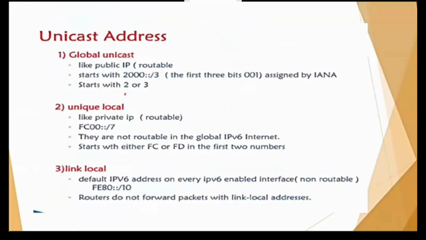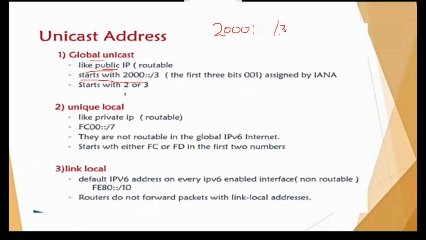I'm saying that global unicast here is like a public IP address, and the range starts with this one. Range starts with this one means here that value will be 2000, and then here slash 3 is there.